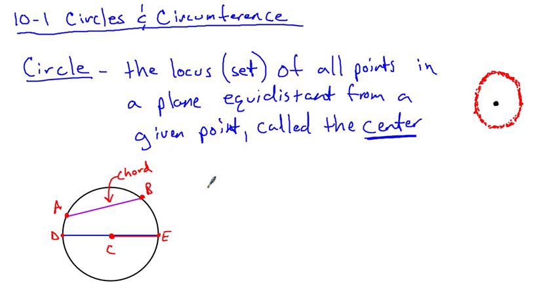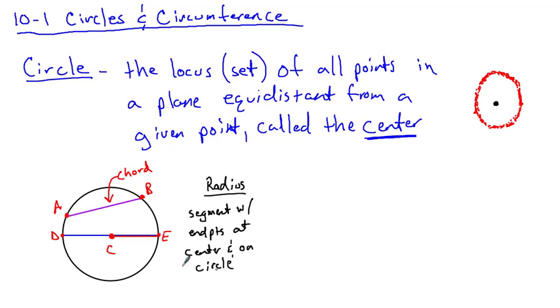So first we have a radius. So a radius is a segment with the endpoints at the center and on the circle.